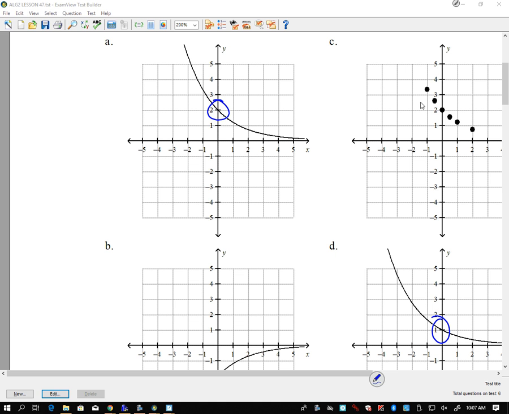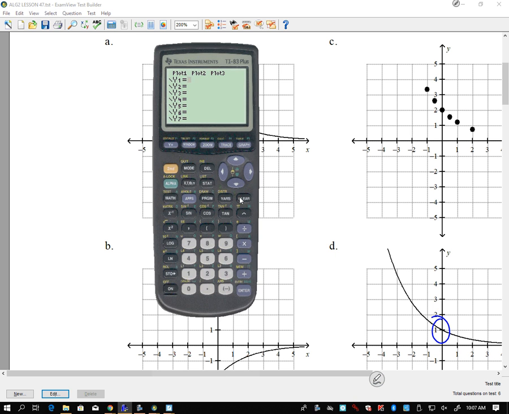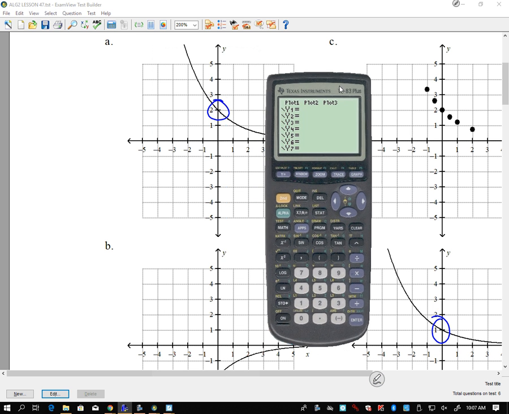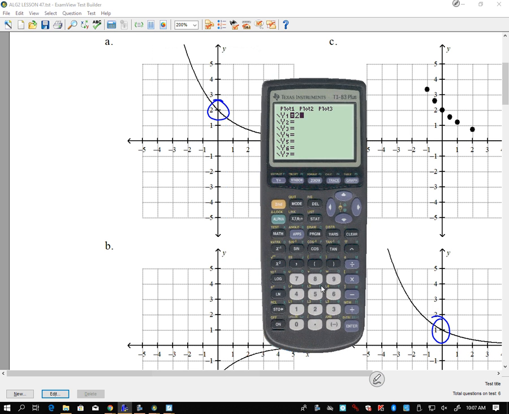So if I pull open my graphing calculator and go to y equals, in this one it was 2 parentheses 3/5 to the x. Is that right? Okay, I'm going to hit graph. That looks fine. I could zoom in, but I'm going to hit second graph and get a table of values.